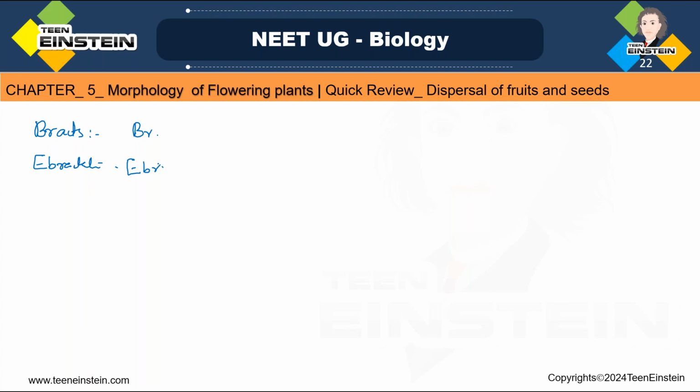Then we'll show the second part. This is the first one. Second one, which one will we write? Symmetry of the flower. To show the symmetry of the flower, we need to write whether it is actinomorphic or zygomorphic.